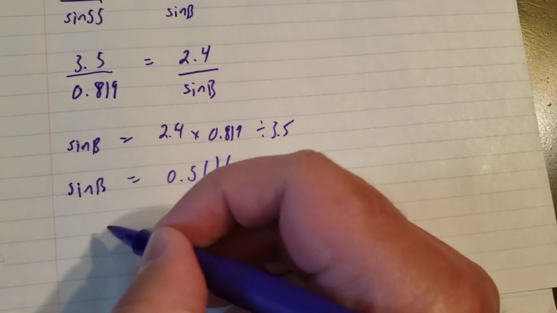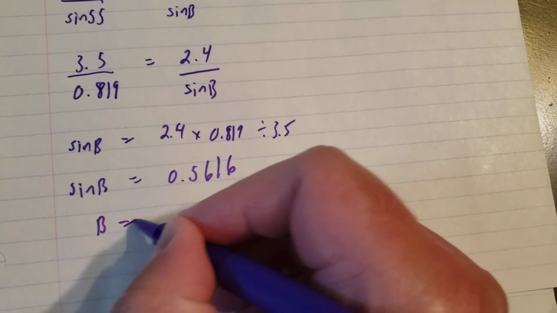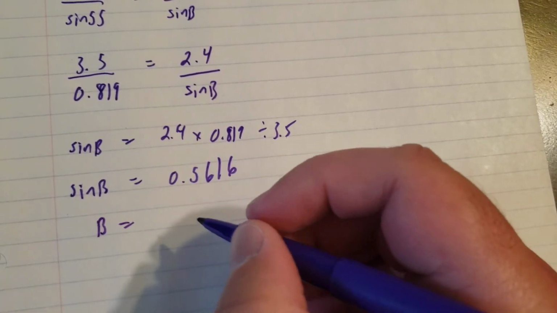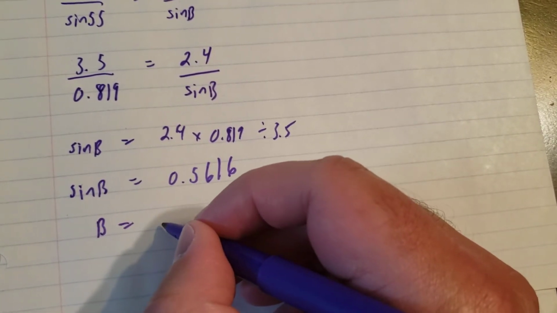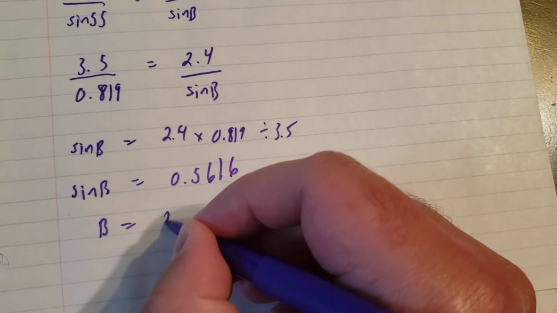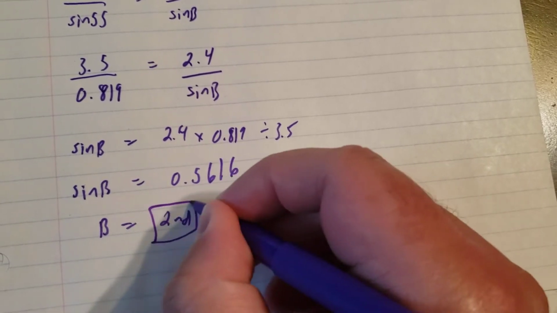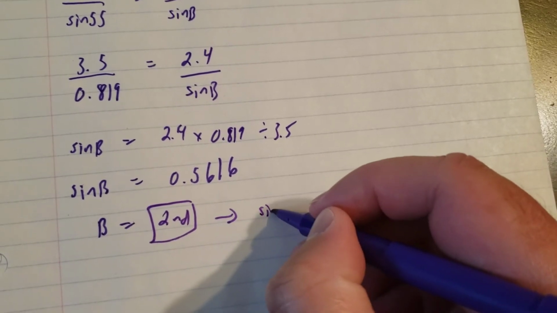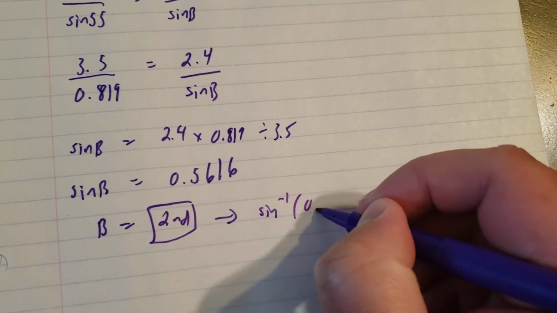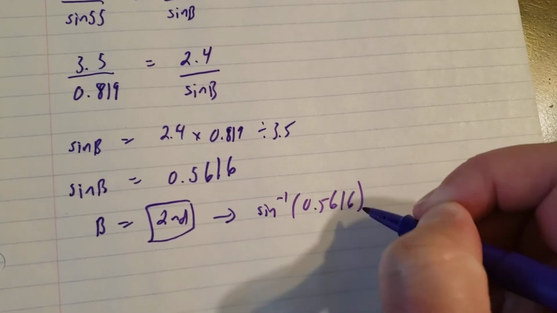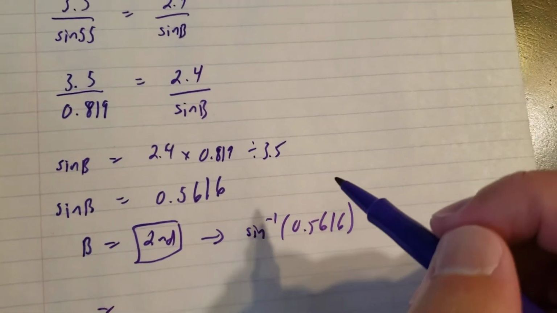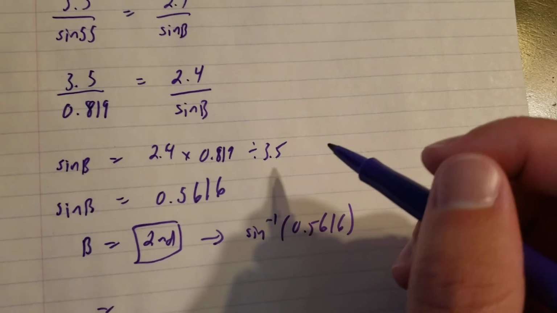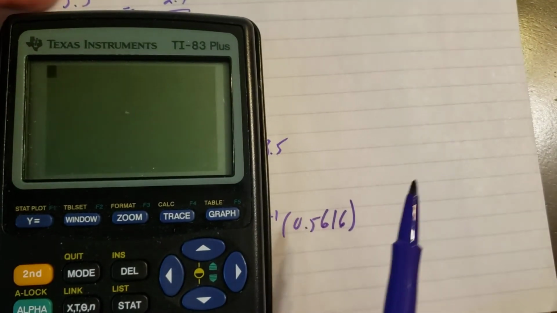So in order to find my angle here, I'm going to have to use the second function or the shift button again, right? So what you'll have to do is hit your second button and then take the inverse sine of 0.5616. Okay, so I'll just show you how that looks on my calculator here.